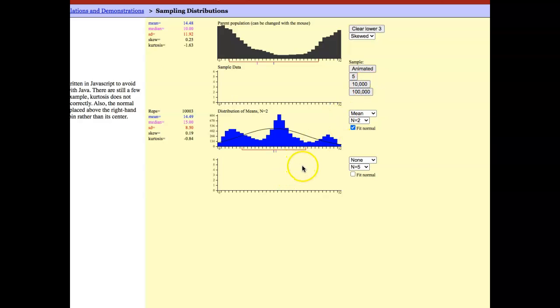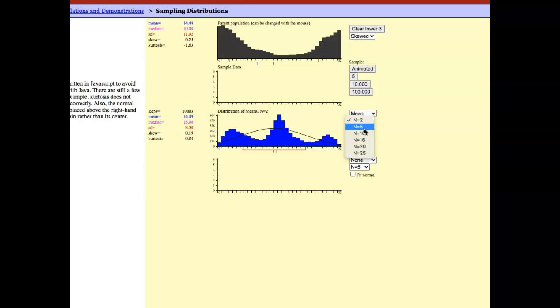Okay. So what you can see here, the sampling distribution is not normal, right? It's trying to be. It's like it's created this peak in the middle, right? But you can still see the other two peaks on the sides. As I increase the sample size, the sampling distribution will become more normal. That's what the central limit theorem says.